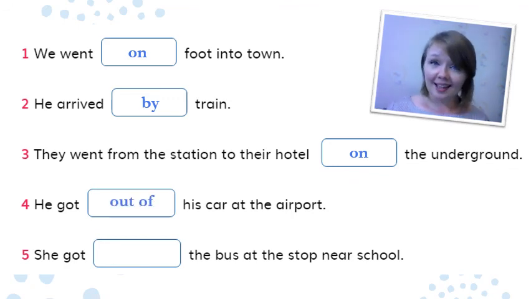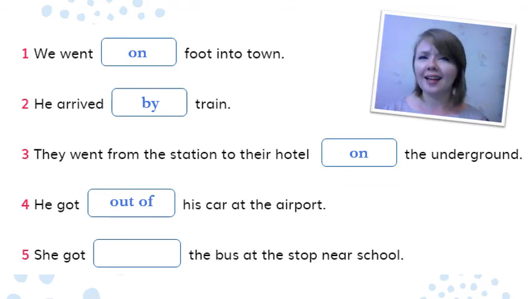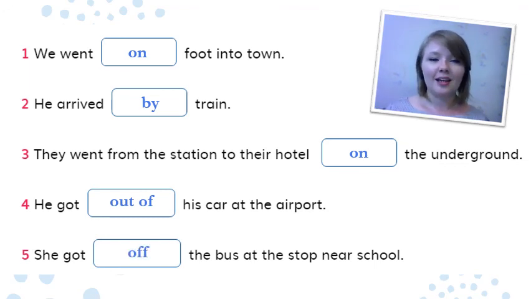So we could say in his car or out of his car, right? So if you guessed in, that would be okay here too. And finally, she got the bus at the stop near school. Here we'd say got off. You get off and get on the bus.